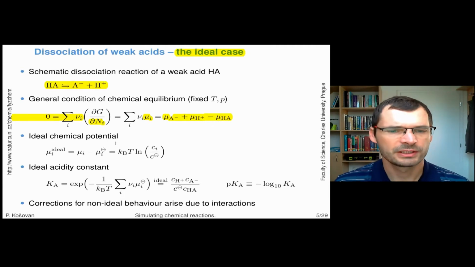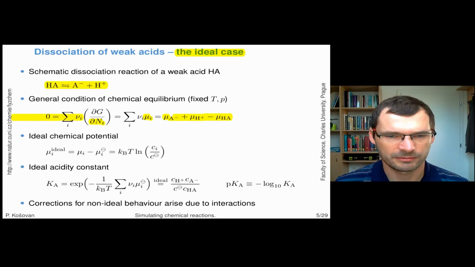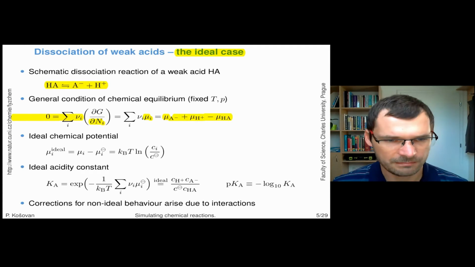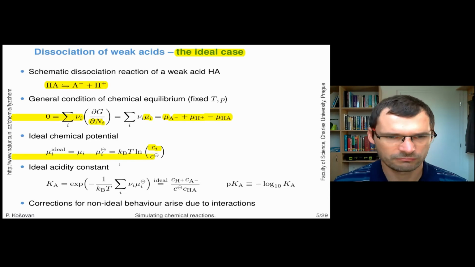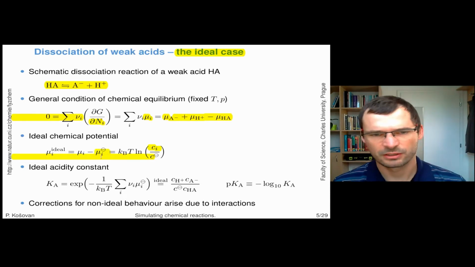Here we define the so-called ideal chemical potential. In the absence of interactions, this chemical potential is equal to kT times the logarithm of the concentration of species i divided by some reference concentration, which is chosen arbitrarily and which is related to the reference chemical potential, that means to the chemical potential in the reference state.